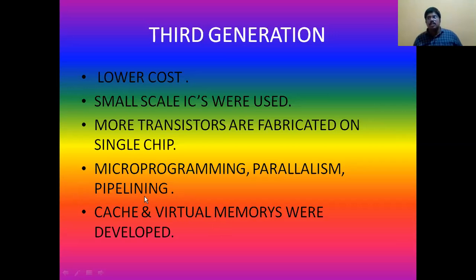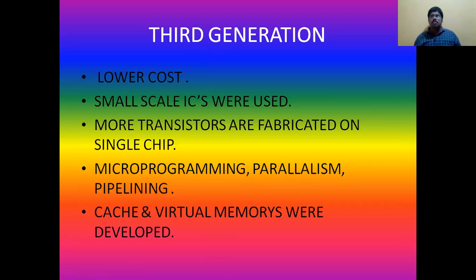These are the things they implemented in the third generation. We have discussed what is meant by microprogramming, parallelism, pipelining, and cache memory. I think I haven't discussed virtual memory. I will discuss it in the next classes, no problem. These are the extra features that are added in the third generation compared to the second generation computers.